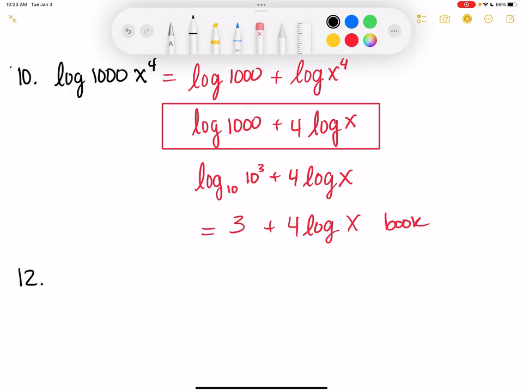All right, 12, ln of the cube root of x over the cube root of y.